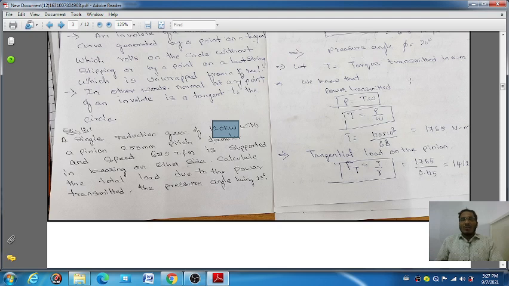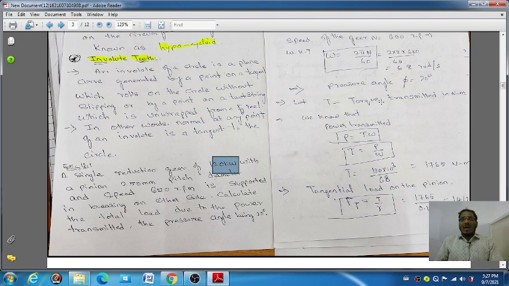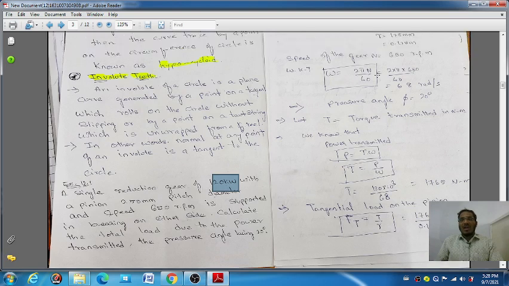So if you want to know the value of T, you should go through the angular velocity, because the torque formula is T is equal to P by omega. So you know power, but you don't have any value of angular velocity. That's why we are calculating the angular velocity is equal to 2 pi N by 60. In the calculator we will get the value 68 radians per second.